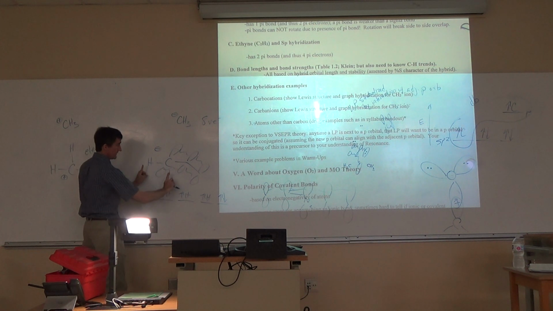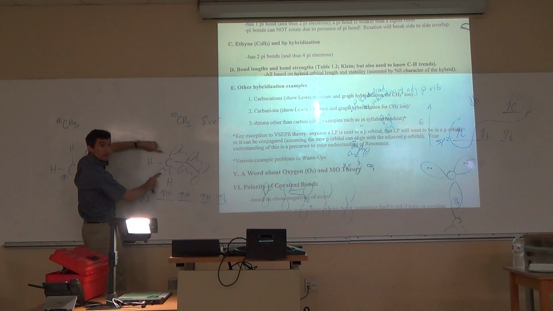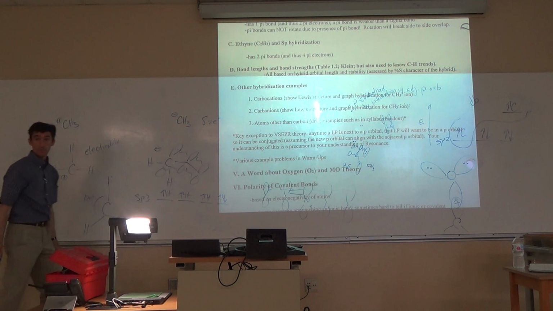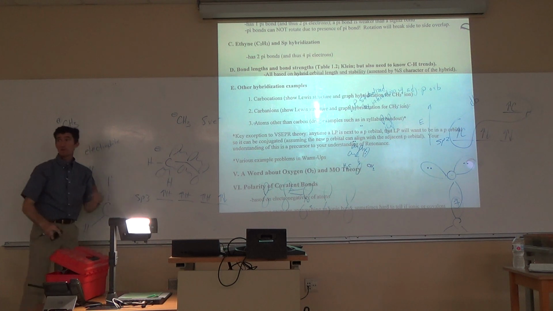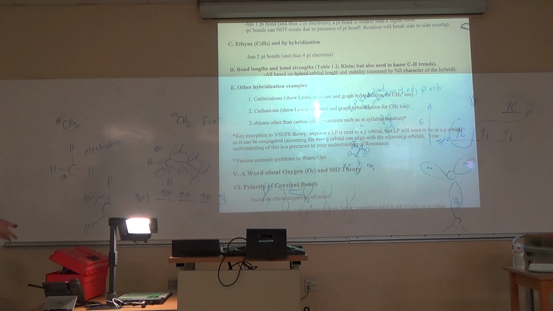What would happen? We didn't draw the original. If that happened, these H's would move and adopt trigonal planar, to allow for that p orbital to be there. Okay? But the original, there was no p orbital next door. And the lone pair is not going to want to be in a p orbital if it can't interact, because actually a p orbital is less stable than a hybrid.